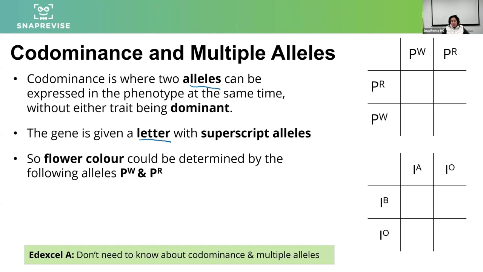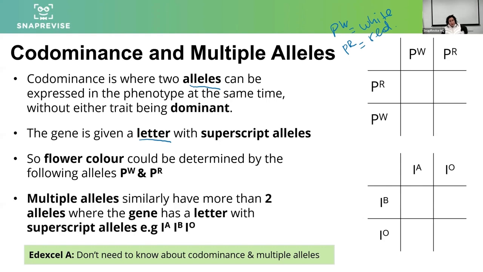P^W codes for white flowers, and P^R codes for red, and there is codominance between those two alleles. So it's easy to imagine that the resulting phenotype is going to be a mix of white and red, which is pink, right?